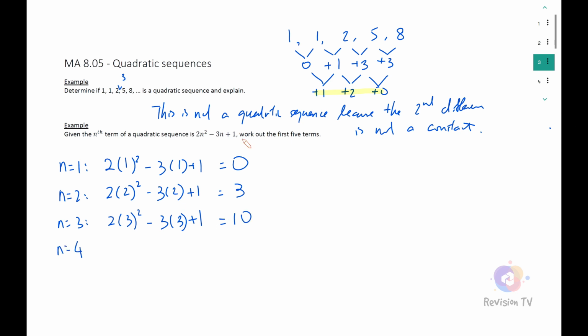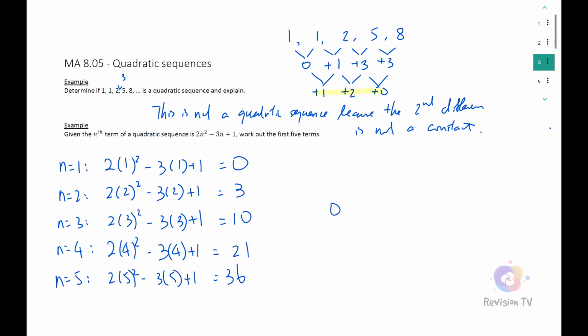So when n equals 4, I'm going to write the steps in here once, just in case you want to complete the notes. 21. When n equals 5, you do 2 times 5 squared minus 3 times 5 plus 1, which is 36. So the sequence goes 0, 3, 10, 21, 36.